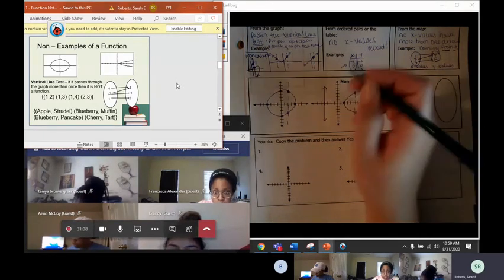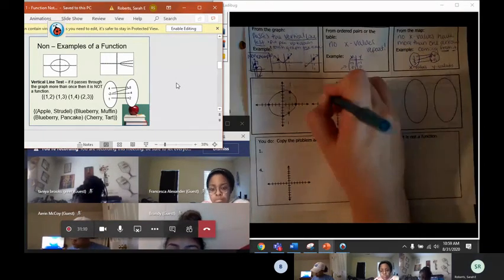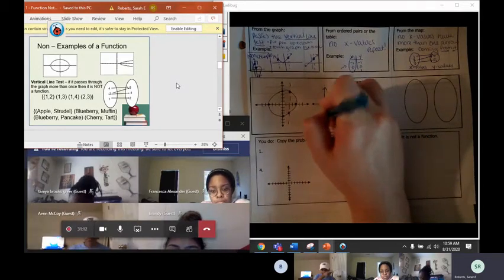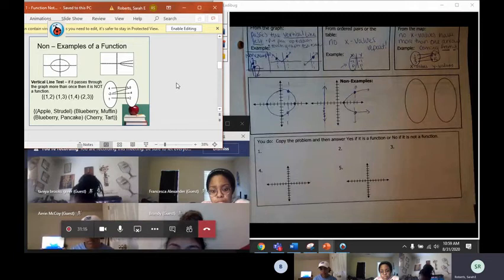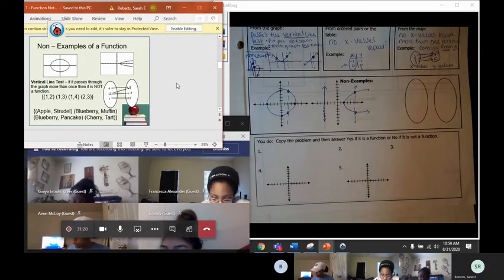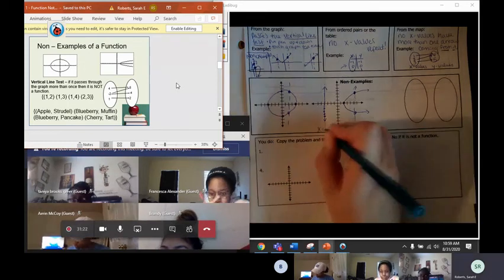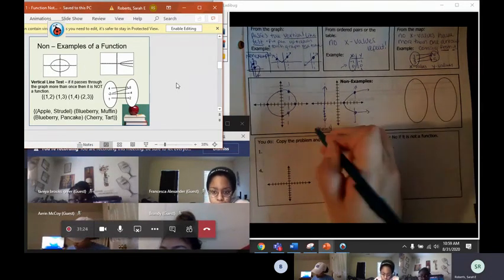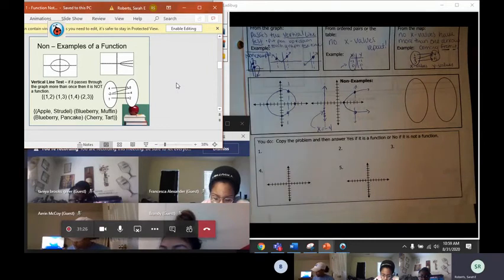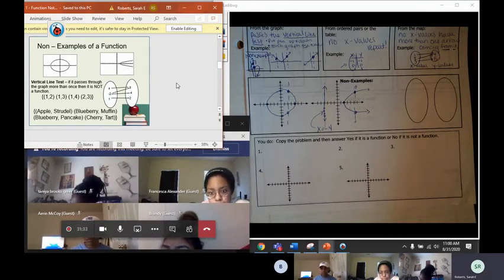A vertical line is going to pass through this infinitely many times, okay? So a vertical line is not a function. Okay, so this is the definition of that vertical line, x equals -4. And a vertical line would pass through that infinitely many times, so we do not have a function.